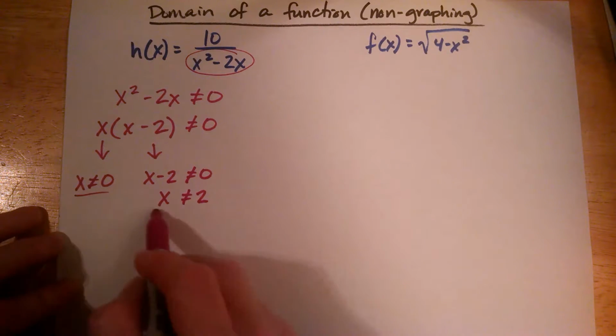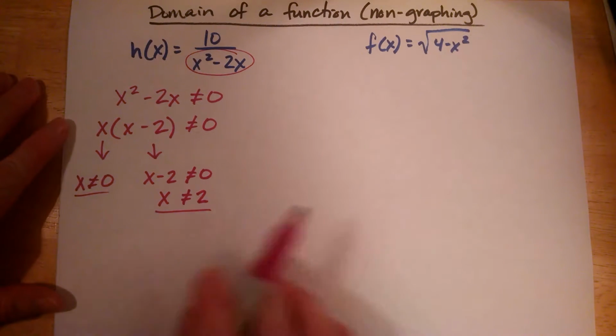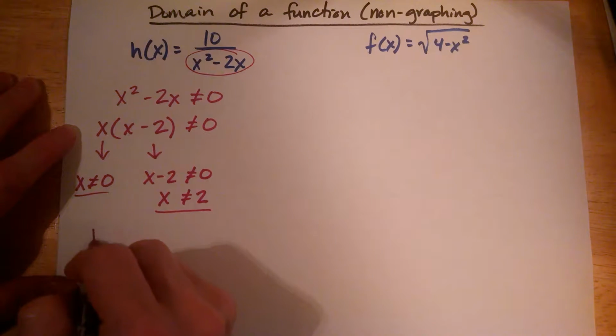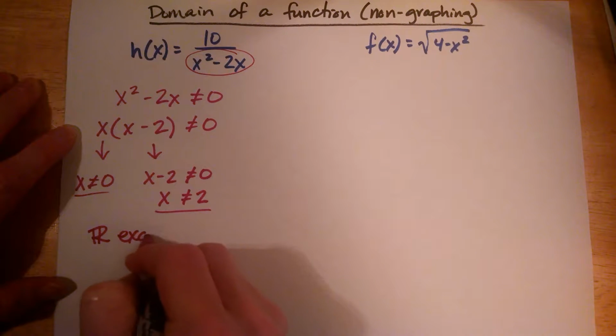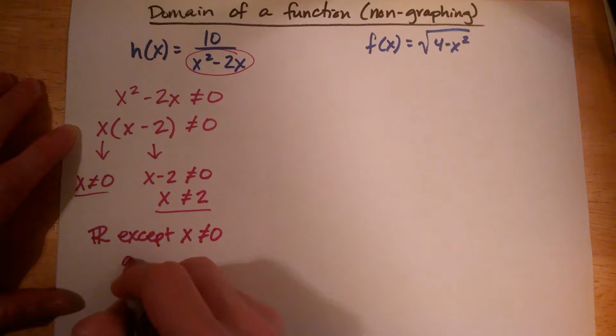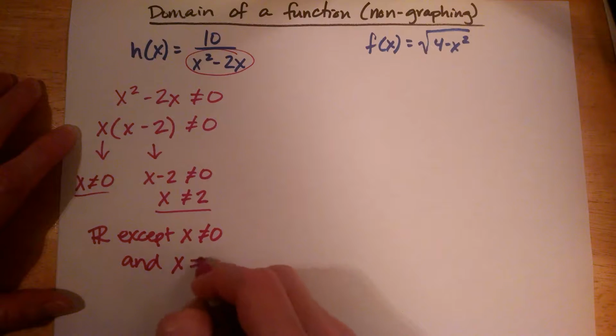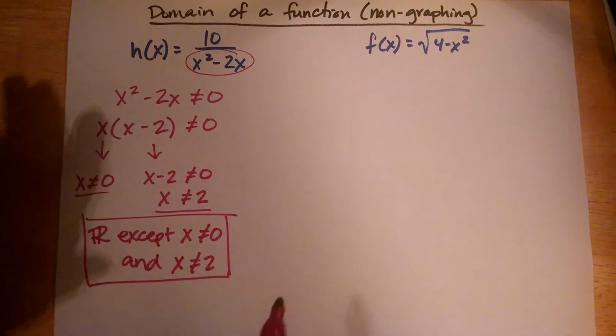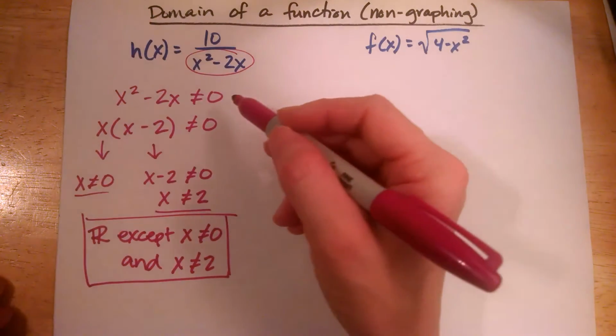Okay, so these are excluded from our domain. They're actually going to be vertical asymptotes, so your answer for the domain would be all real numbers except x cannot equal 0 and x cannot equal 2. Okay, so that is your answer for that. That's the domain of this function here.